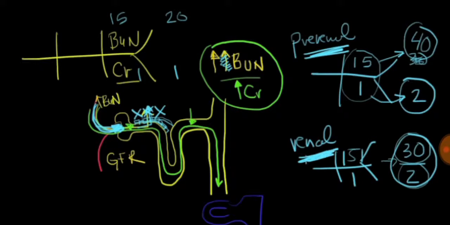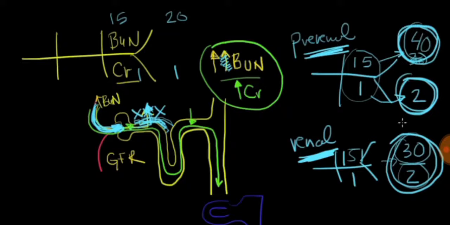So in a renal situation where there's a problem with the kidney itself, you maintain that 15-to-1 ratio. But when there is a pre-renal state, in other words, there's not enough flow coming to the glomerulus, you're going to get a reabsorption of the BUN preferentially, and that's going to increase your BUN ratio to 20-to-1.